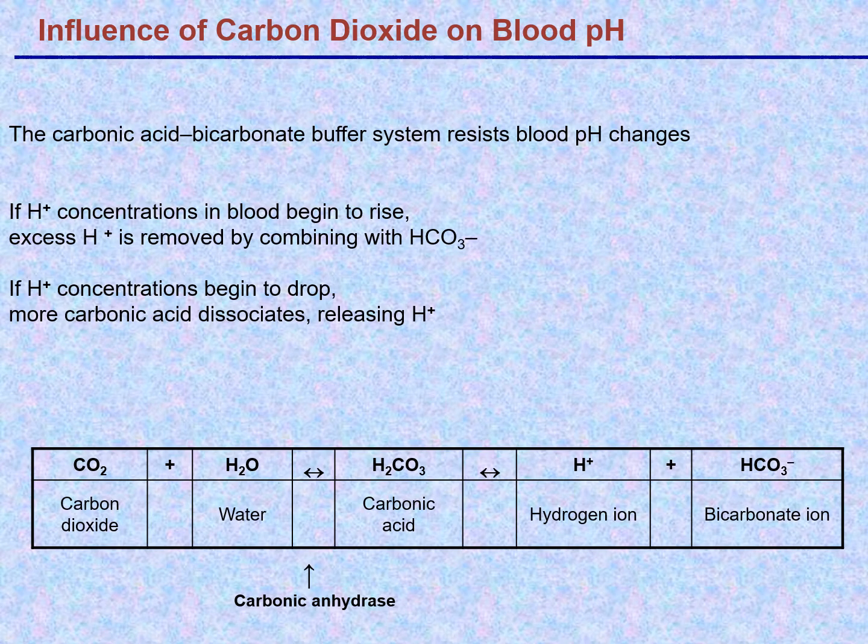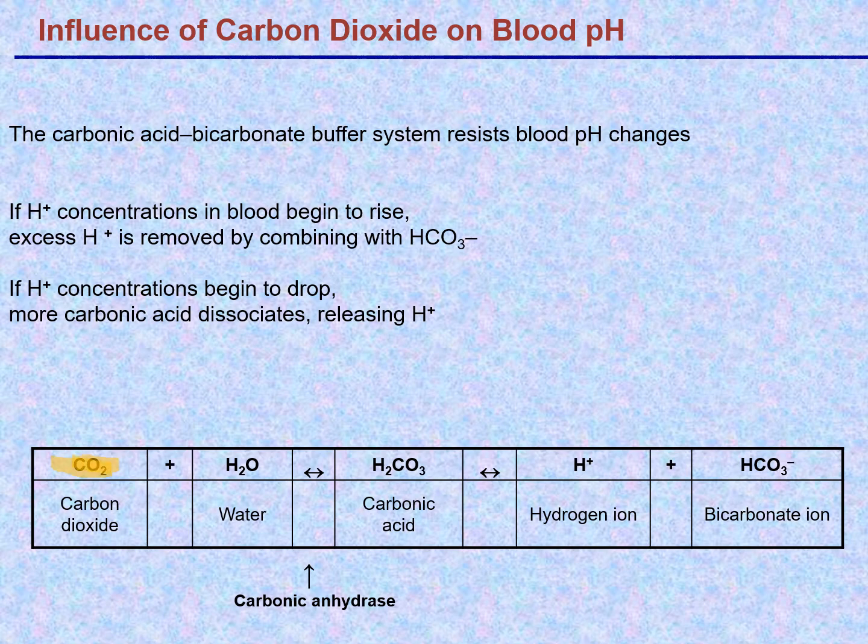I just wanted to point out something important that I talked about a little bit more before, but again, when you have more CO2, and you do have more CO2 in the tissues, particularly tissues that are metabolically active, like muscle tissue that's actively contracting and relaxing and using up a lot of carbohydrates, oxidation of carbohydrates generating a lot of energy, you'll generate a lot of CO2.